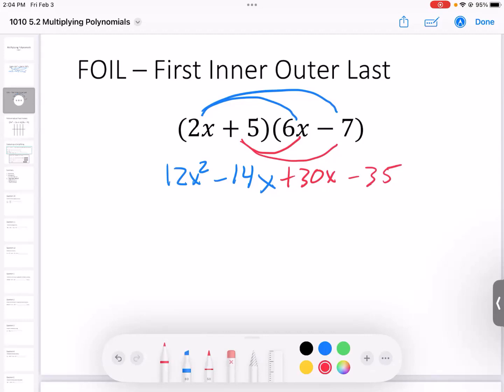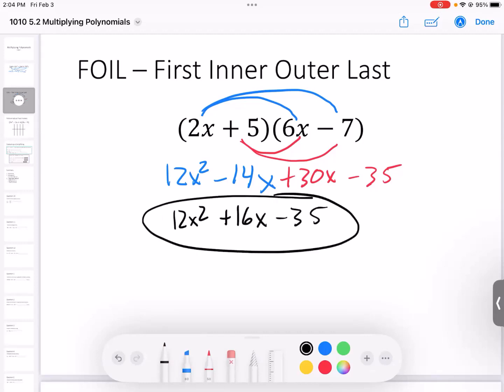And then you can simplify this because these terms both have x's, so you can combine them. And if I have negative 14x's plus 30x's, I think that should give me 16x's. Sweet. So that would be the multiplication of those 2 polynomials.